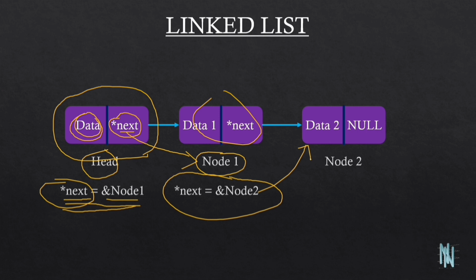But the last node contains null. Star next will be here also, but its value will be null, meaning there is no node after this. If there were any node after this, it would contain its address, but currently there is no node, that's why it's null.